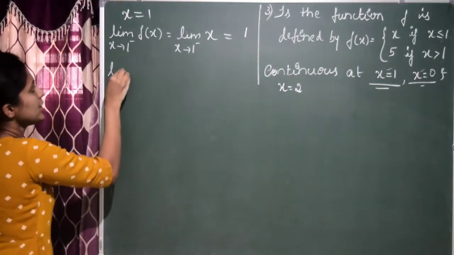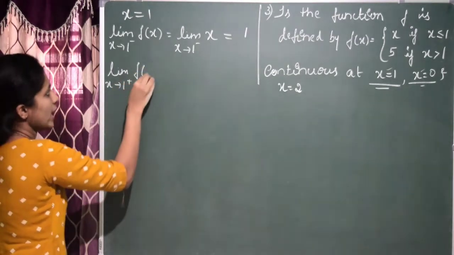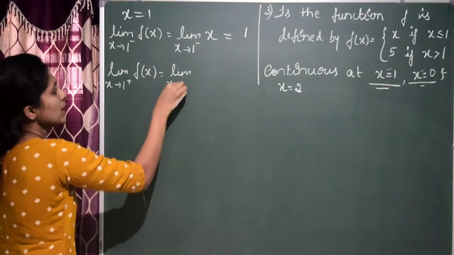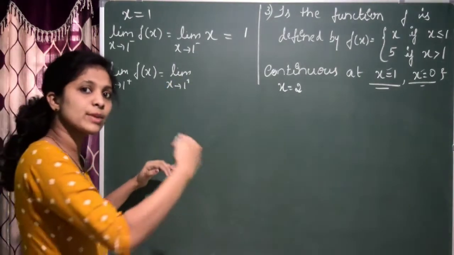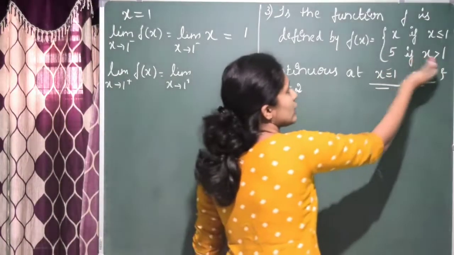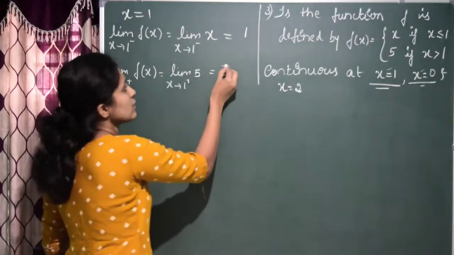Now the right hand limit, x tending to 1 plus of f of x. I mean the value of x is very close to 1, tending from the right hand side, so the value of x is greater than 1. For x greater than 1 the function is now 5. So here there is no x, so this will be equal to 5.